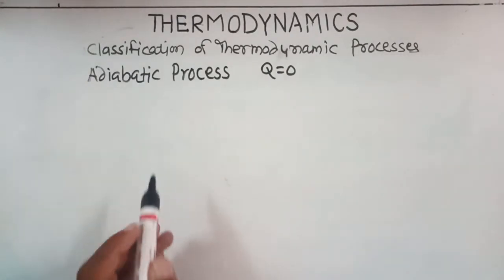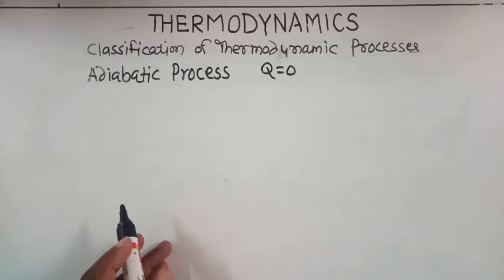That insulating material does not allow heat to be exchanged between the system and the surrounding. So if there is a change in state, then there is a change in internal energy and work is done.